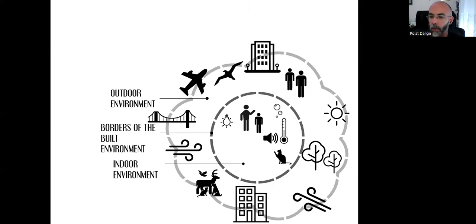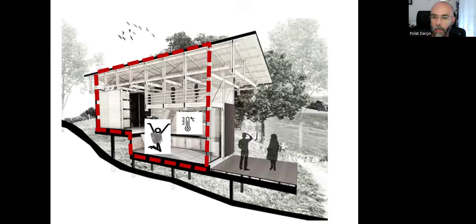And these all affect each other. Things in the outer environment constantly affect the building, the envelope, and the indoor environment, or vice versa. Something in the indoor environment may affect the boundary or the outdoor environment. And these integrated effects can be in the positive way or negative way, such as our user will need to be in a heat level.